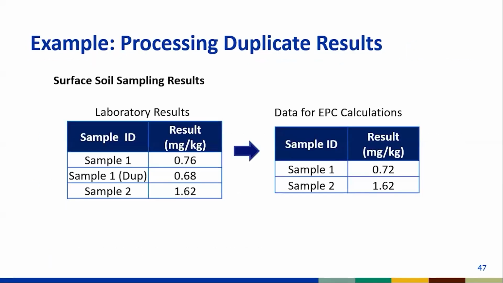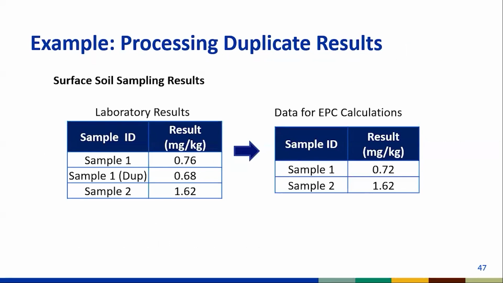This slide demonstrates how to process duplicate sampling results for a hypothetical set of surface soil samples. The table on the left shows laboratory results for 3 surface soil samples: Sample 1, a duplicate of Sample 1, and Sample 2. To process these data for EPC calculations, the health assessor needs to obtain a single result for the duplicate pair.